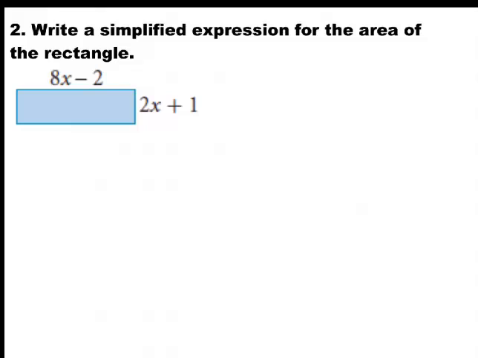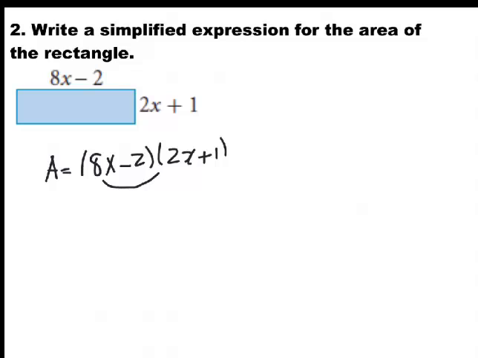The next question says, write a simplified expression for the area of the rectangle. The area for the rectangle is length times width. It's going to be (8x - 2)(2x + 1).